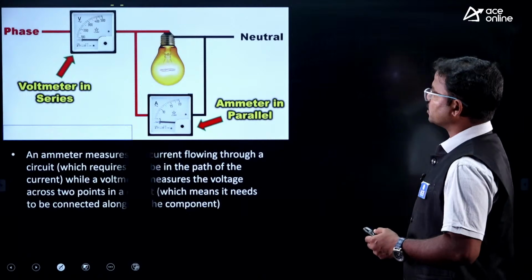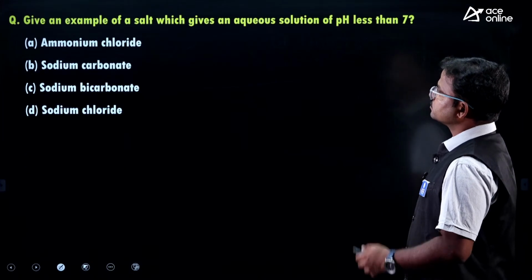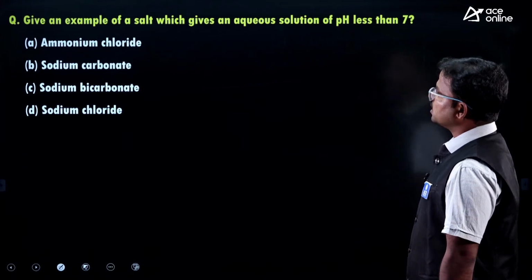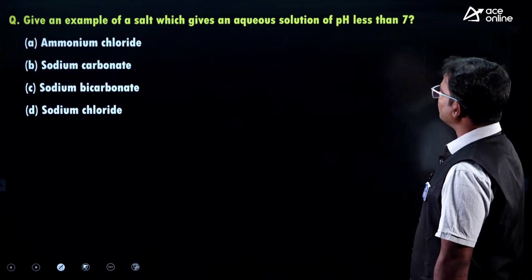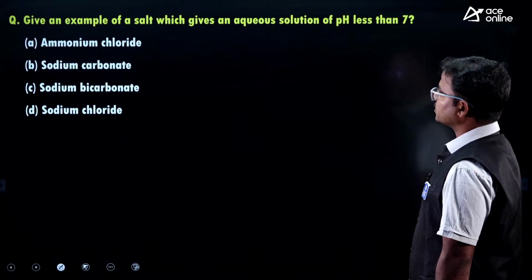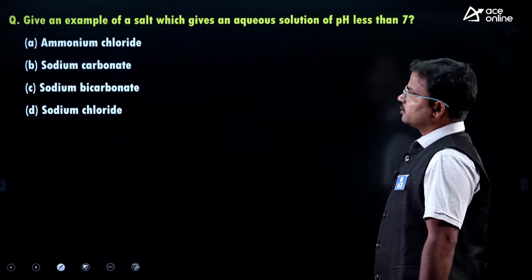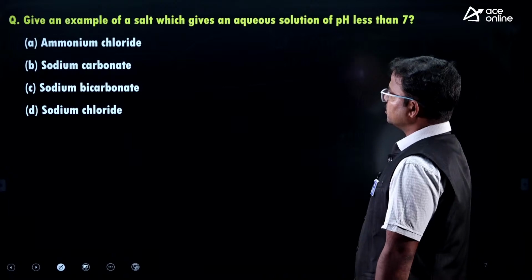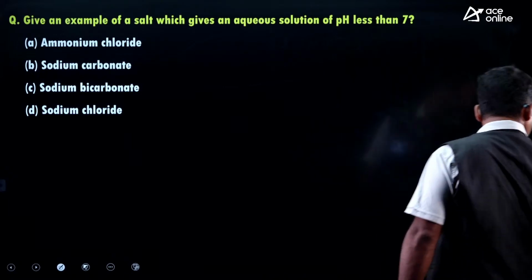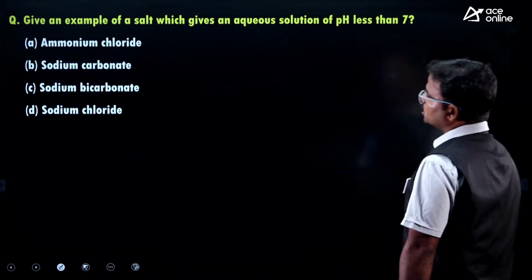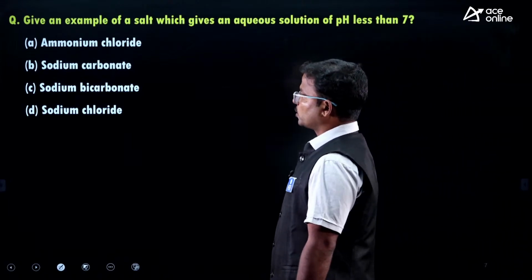Okay, right. So next one, give an example of a salt which gives an aqueous solution of pH less than 7. Ammonium chloride. Next one, sodium carbonate. Next, sodium bicarbonate. Next one, sodium chloride.